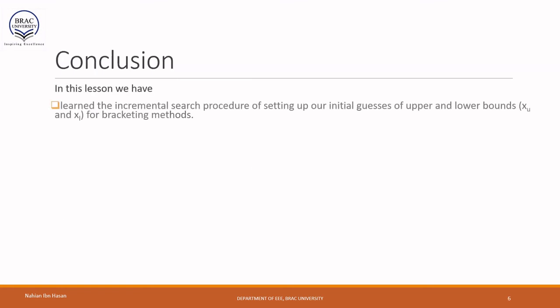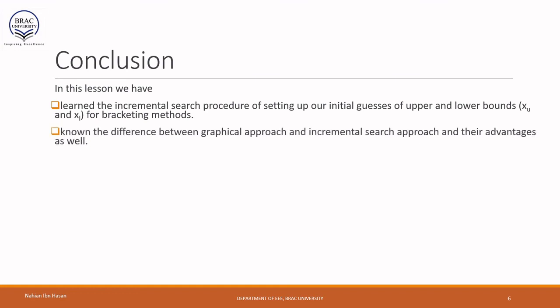So what we learned in this lesson is the incremental search procedure. We learned how incremental search can be used to initially guess our upper and lower boundary points, and that this procedure can be used for both bracketing methods and open methods. We also learned the difference between the graphical approach and the incremental search approach, and their advantages and disadvantages.